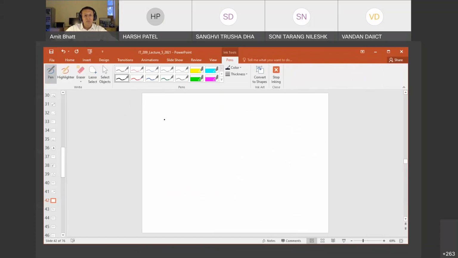Say your processor has sent a request for a particular instruction or particular data, right? Now that particular memory address is part of a particular block. Now we are talking about blocks.